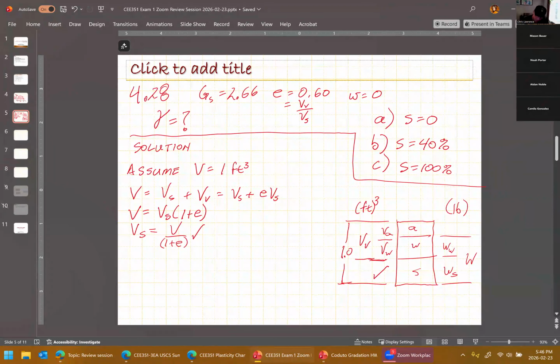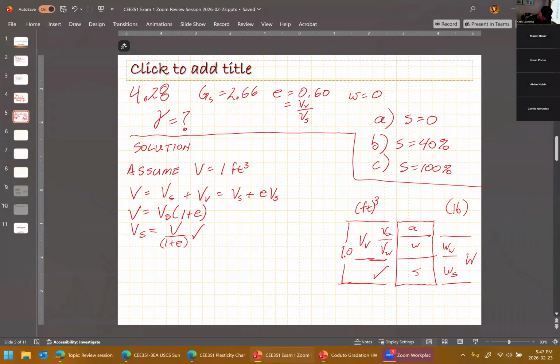The best one to assume is always total volume. It's going to make all your calculations so much easier. Okay? So if none are given, then pick one. In this problem, none of the values, weights, masses, or volumes are given. And so I said, let's consider just 1 cubic foot of this whole field of soil. And then I'm able to move forward with some calculations. Okay?